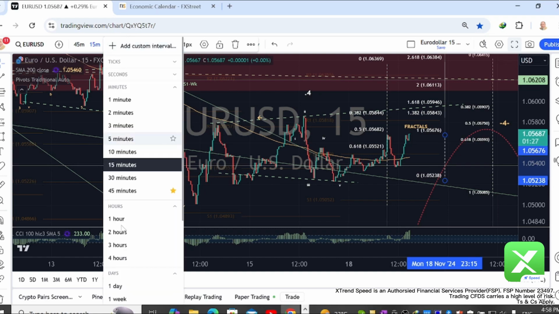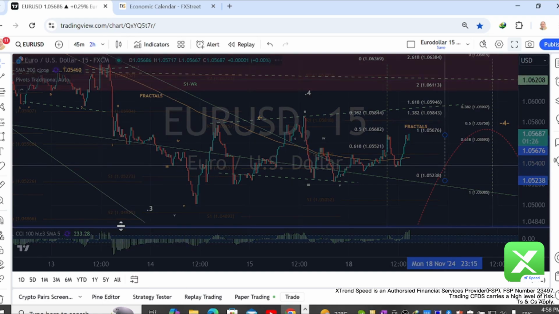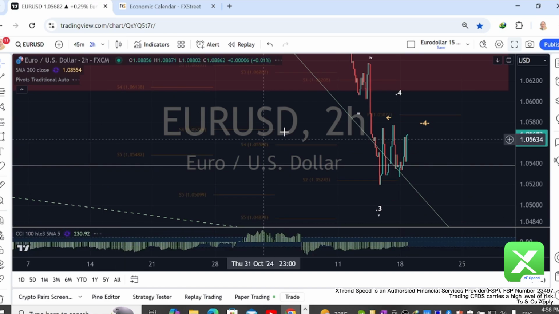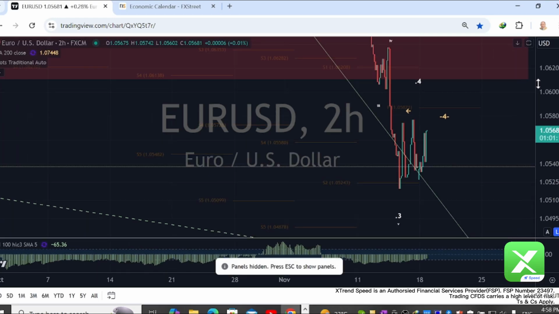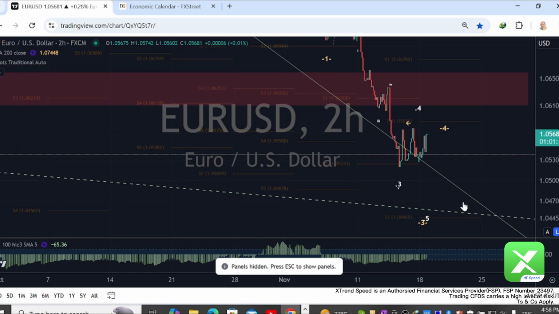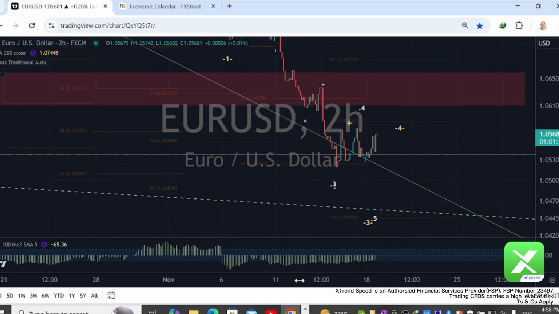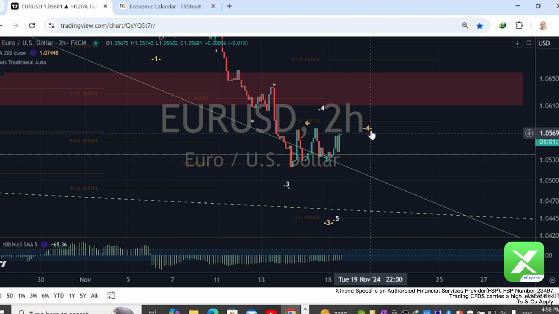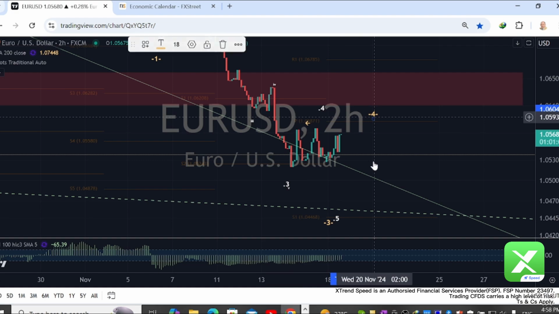Want to relate it to the hourly time frame? It's the pivot level today. In between is 1.063, if you wish.